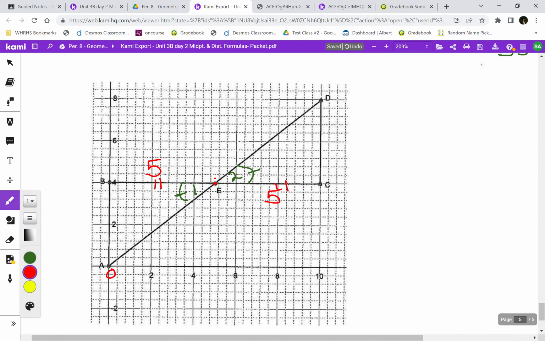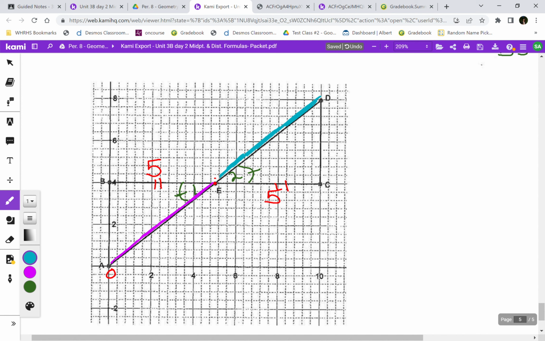Now to do side, angle, side, what are the next segments we have to show are the same length? Which segments do I need now? AE, and what was the other one? ED. The problem is because these lines are slanted, can I just count?